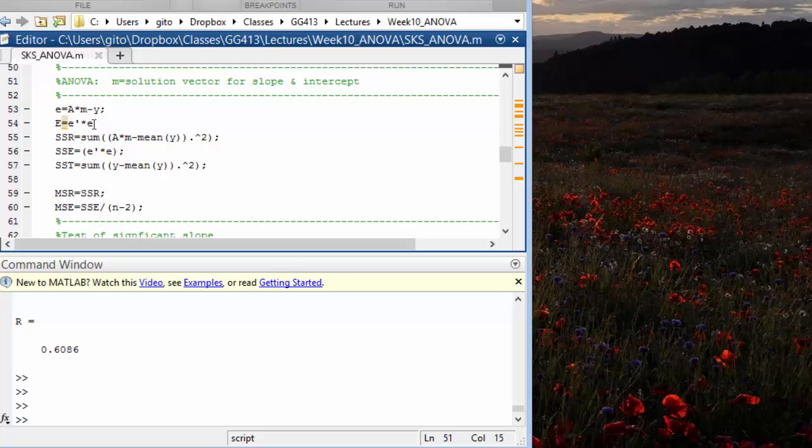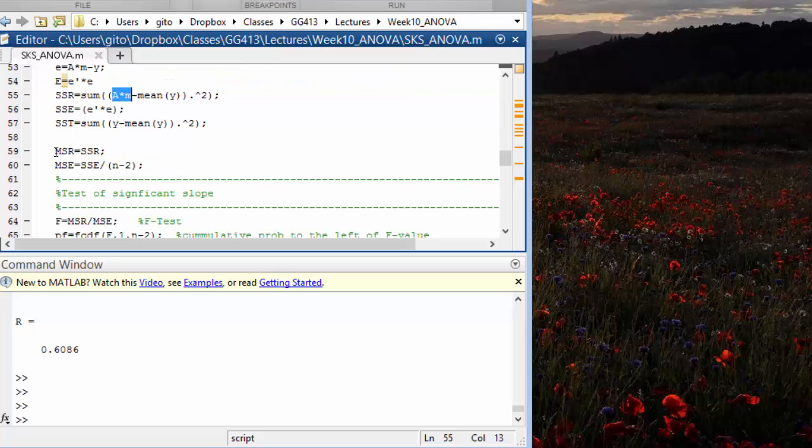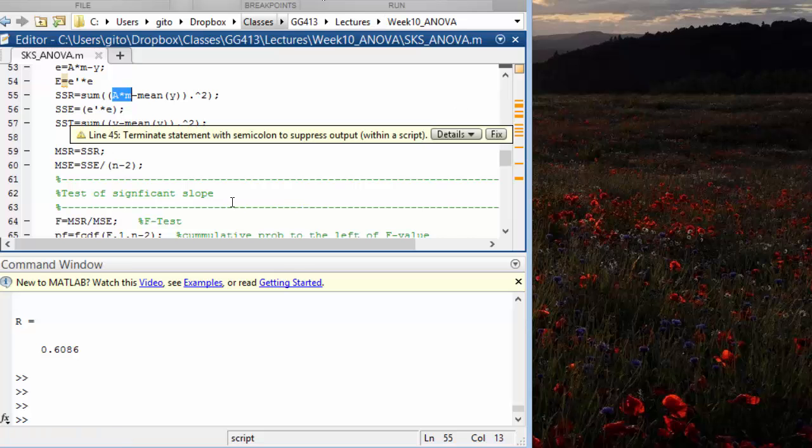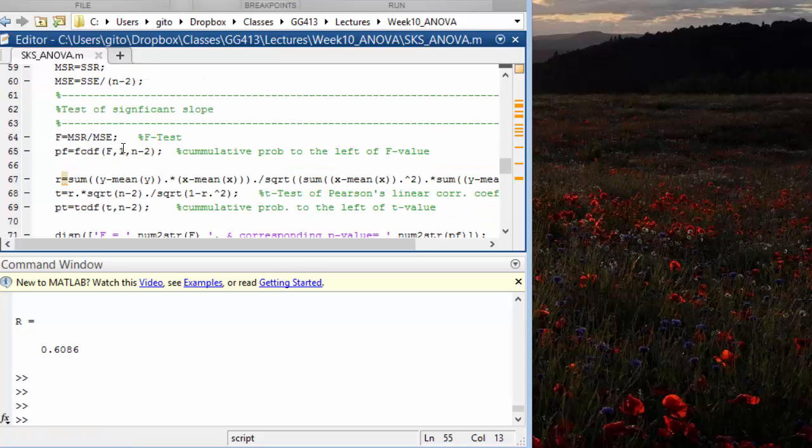The sum of square misfits is E, big E, which is E transpose E, and that's the same again as SSE. And the sum of square deviation due to the regression is the regression minus the mean y, squared, and that's summed. And then we have our total. And here I calculate the mean sum of squares due to regression, the mean sum of squares about the regression, and then F.